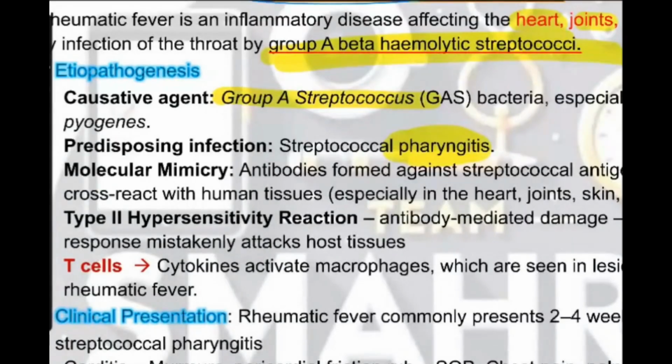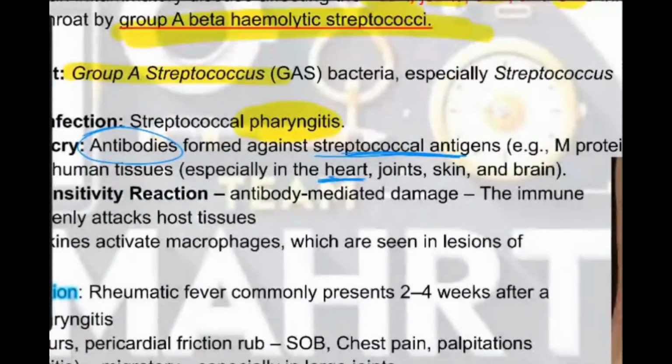So if the child forms antibodies, the problem is the antibodies will also attack the self tissues because of molecular mimicry. The streptococcal antigen has a similar structure to the antigens of heart, joints, skin, and brain. That's why only these organs are affected. Why only these four organs?